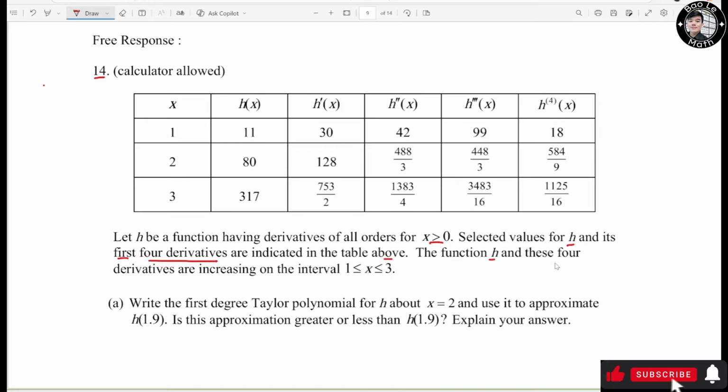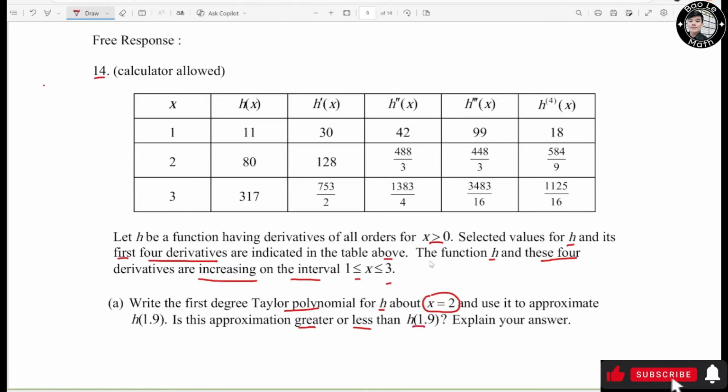The function h and these four derivatives are increasing on the interval 1 to 3. Question A. Write the first degree Taylor polynomial for the function h about s equals 2 and use it to approximate h of 1.9. Is this approximation greater than or less than h of 1.9?